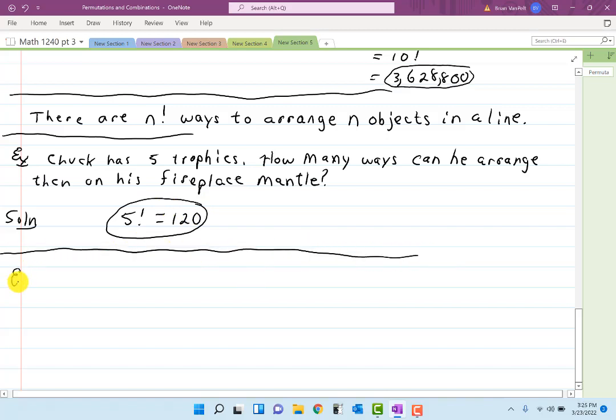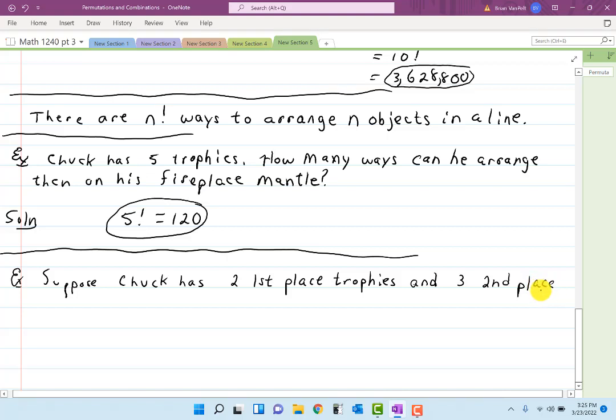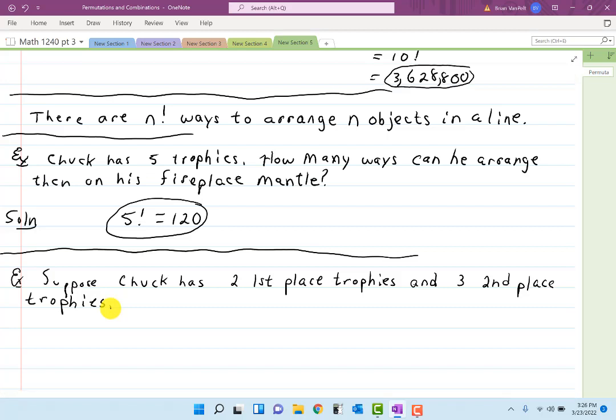Now, let me complicate Chuck's situation a little bit. Suppose Chuck has 2 first-place trophies and 3 second-place trophies. Now, he wants to line up his trophies, but he wants to make sure the first place ones come first.